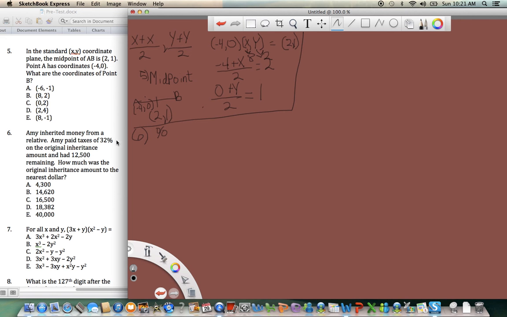So if you take 100% minus 32%, you'll realize that she has what percentage left, because everything as a whole is 100%, right? So she has 68% left. That's what that number represents with the 12,500. 68% is what she has left, and what she has left is 12,500.